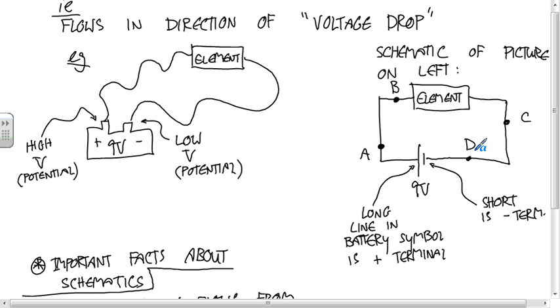Same with D and C. It doesn't matter that you could take a path through elements. You have the choice to just take a wire from D to C or from C to D. So those have the same electric potential. B to C, though, there's no way to go from B to C without crossing the element here or the battery if you go the other way. And so B and C have different electric potentials, okay?